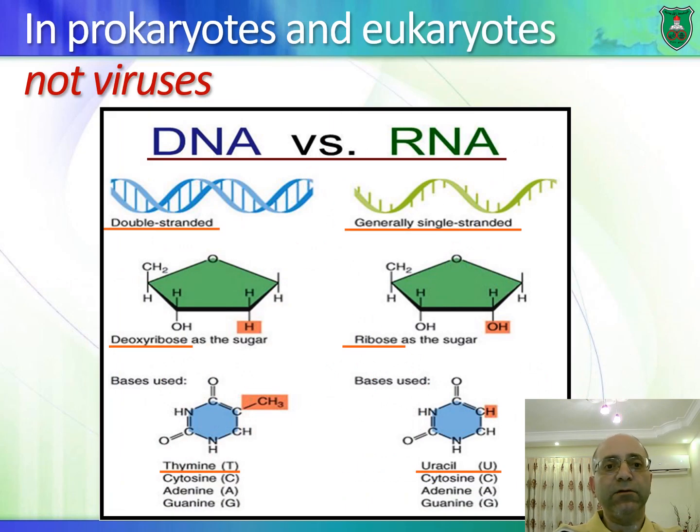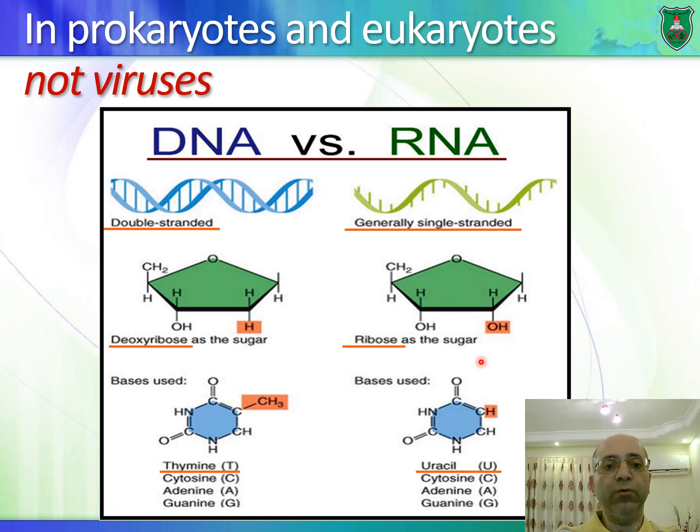As I said, there are differences between DNA and RNA. You will learn that DNA is mainly double-stranded, RNA is mainly single-stranded, so it's made of one strand. That's for RNA, and DNA is made of 2 strands. For DNA, it's a deoxyribose. There is a hydrogen. For RNA, it's a ribose.